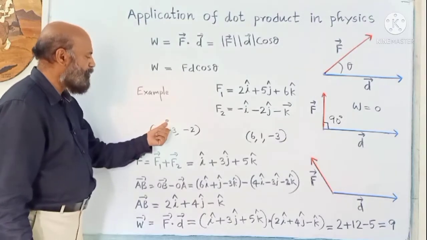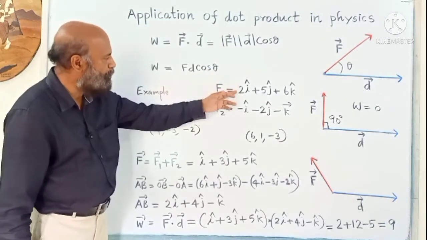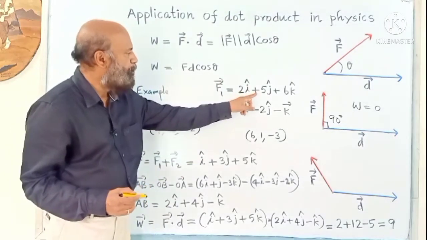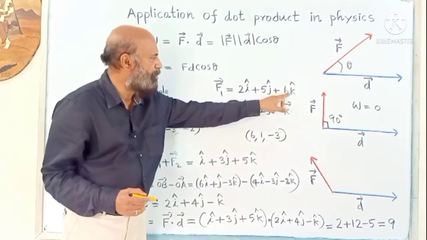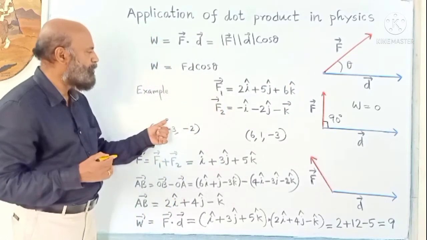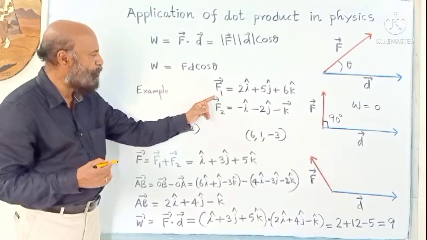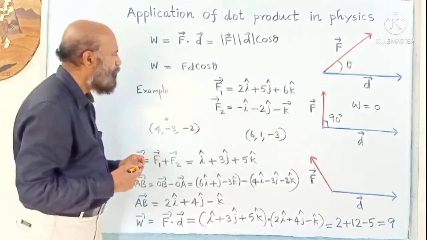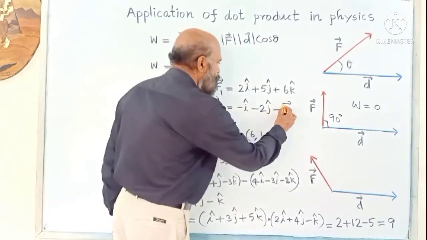A particle is acted upon by two forces, F1 vector, 2i cap plus 5j cap plus 6k cap, and one more force. F2 vector is minus i, minus 2j, minus k cap.